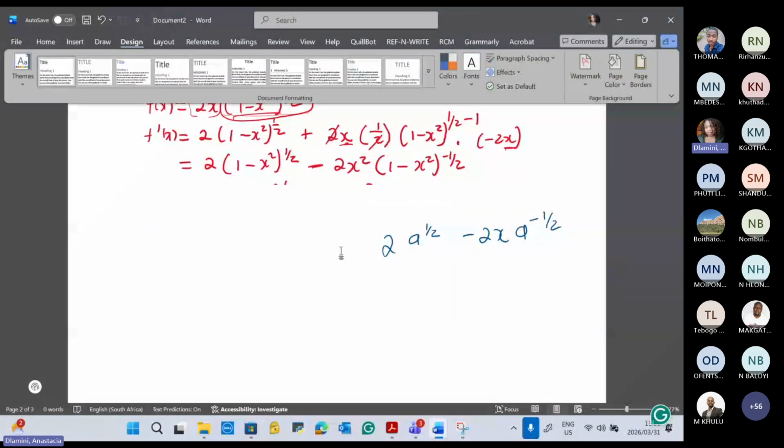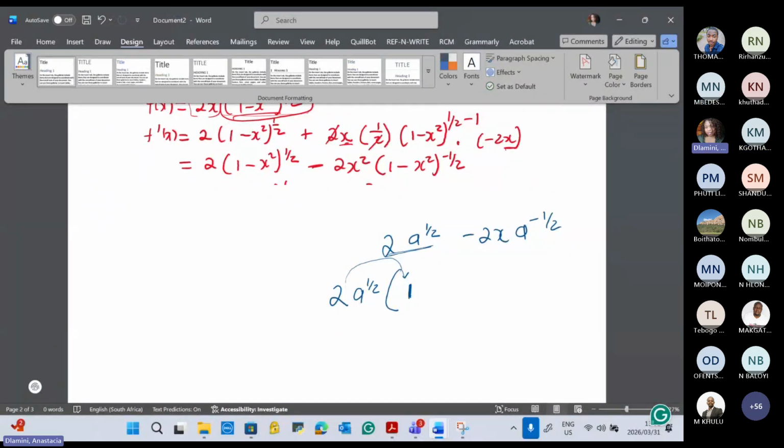So what you can do is, do we agree that we can take out the 2 because it is common? Yes. We take out the 2, and then we also take out the a to the power of half. And then what do we remain with? We remain with 1, because when we multiply this back again, it'll give me this.